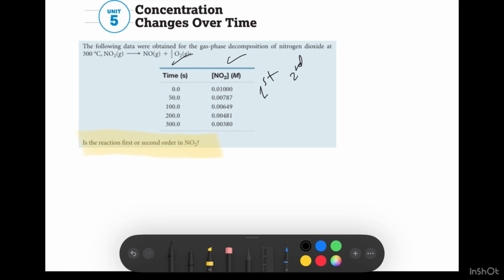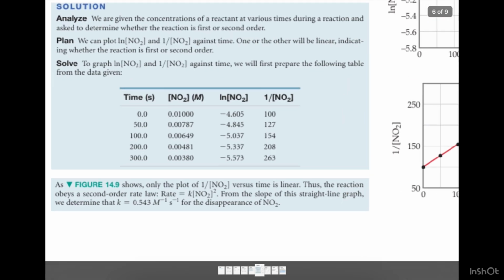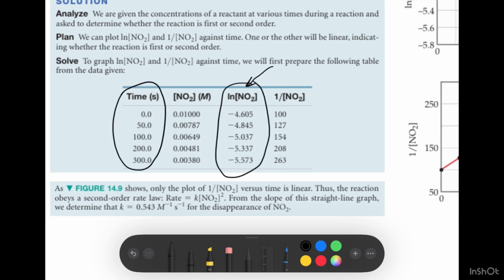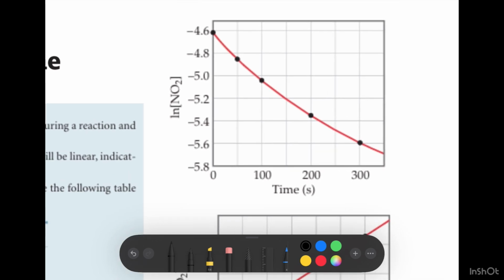So for the first order, we have to test it by taking the natural log and plotting this column versus time. We noticed that the curve is not a straight line, so I can say this reaction is not a first order.